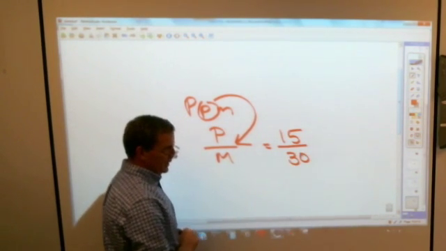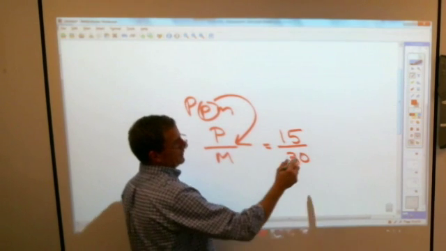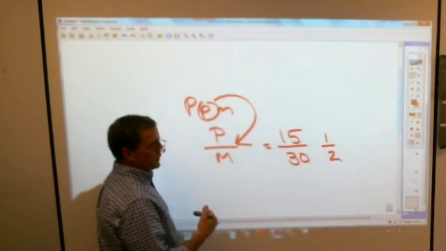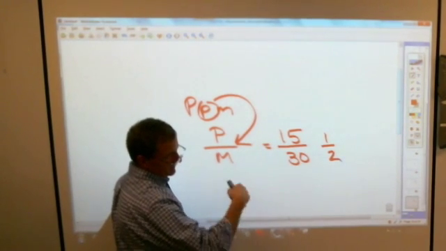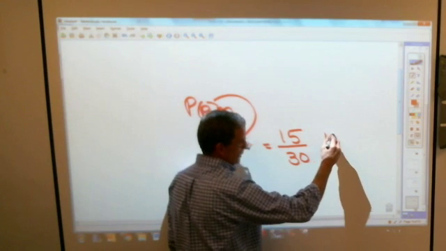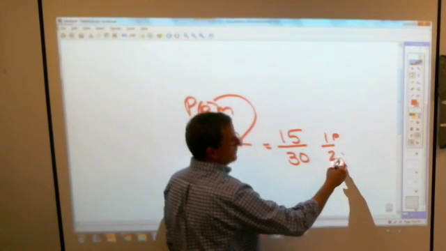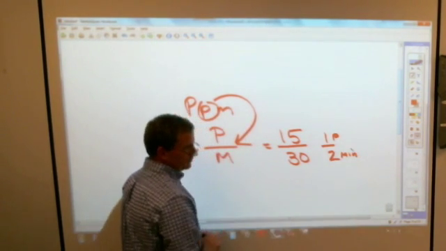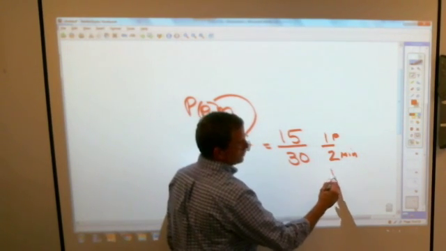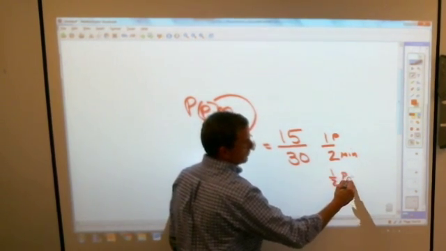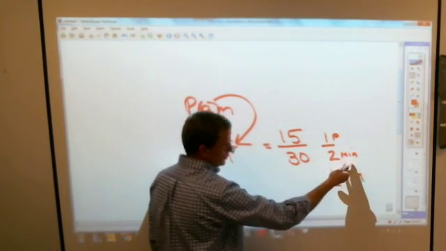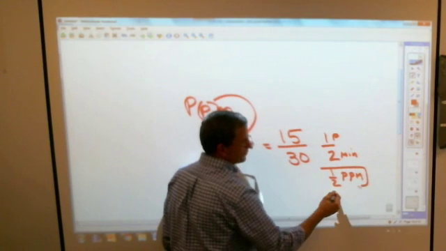So you reduce that, okay, it is 1/2. And just know that a lot of times when we talk about rates, it's like miles per hour, miles per gallon. We don't usually say this as 1 page per 2 minutes. Generally, when you talk about rates, you say it is 1/2 of a page per minute. You kind of with me? Instead of saying 1 page per 2 minutes, we say 1/2 of a page per minute.